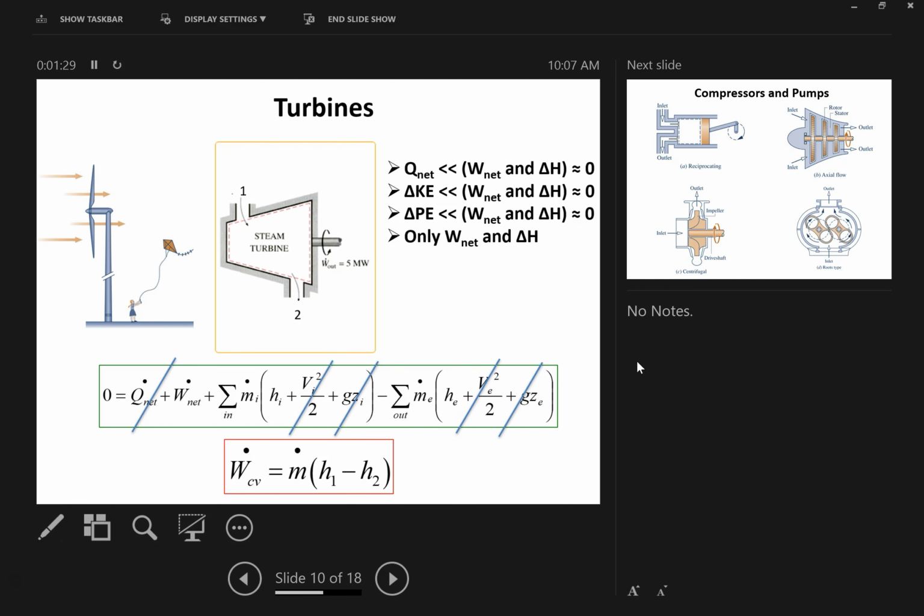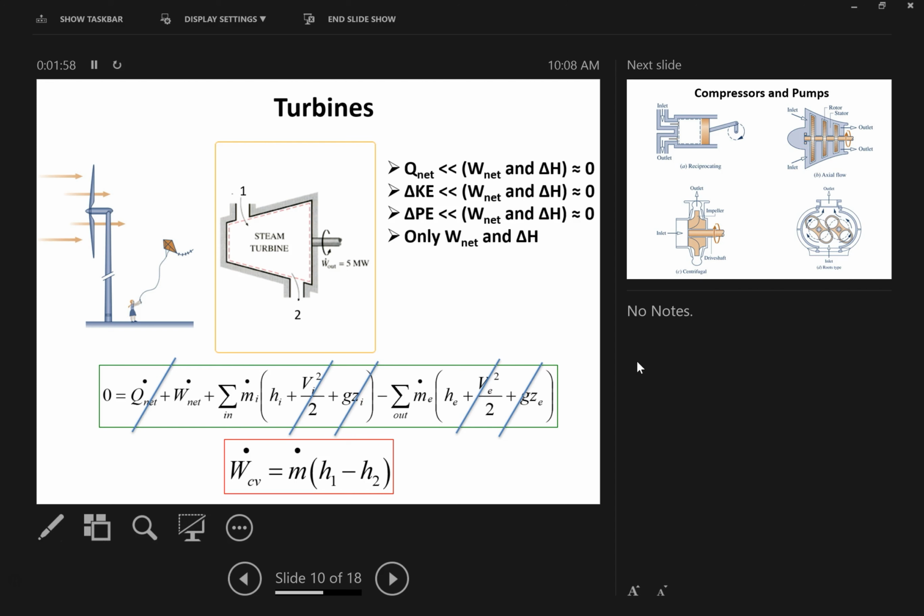Main equations down here, if you can see them. You'll have work, or power, which is m dot times H1 minus H2. This is typically the shortcut for turbines, just like you had a nozzle question where you might have Q. This is for one set of turbines.